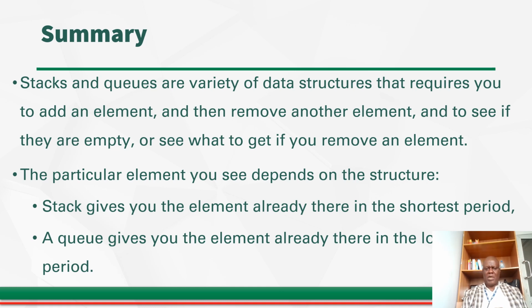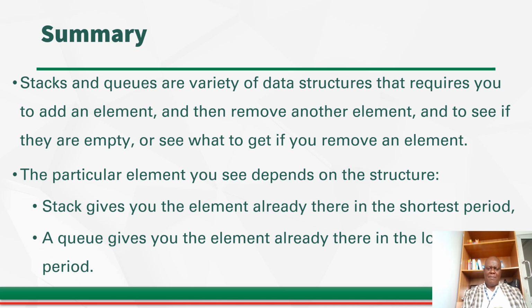For a stack, as you are removing the element, you are popping, and you are adding, you are pushing. For a queue, you are adding the element from the rear. And then when you are going to remove the element, you remove it from the front.